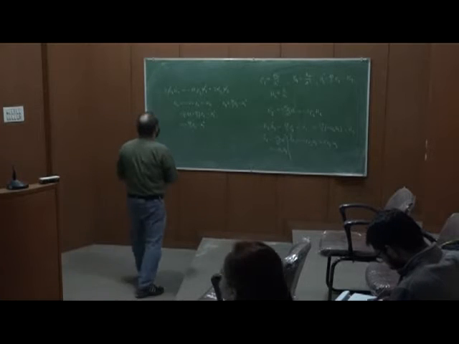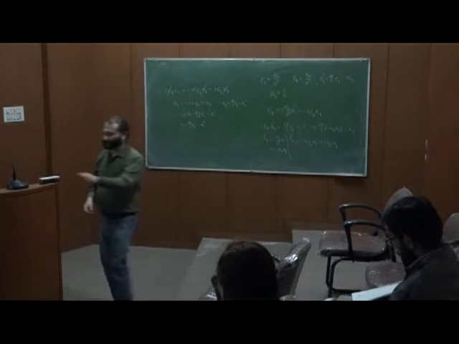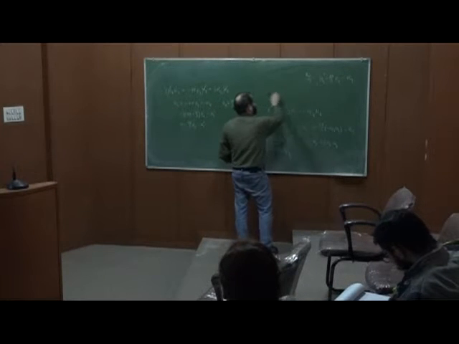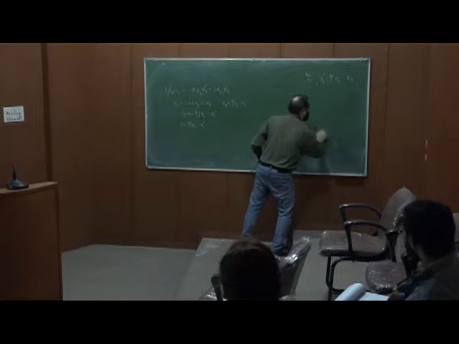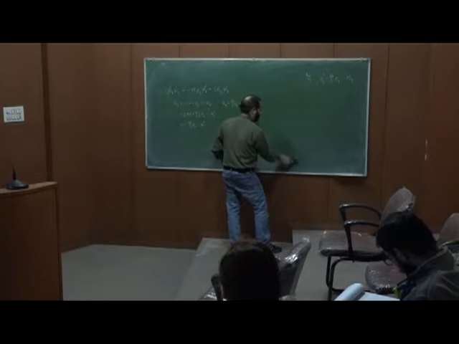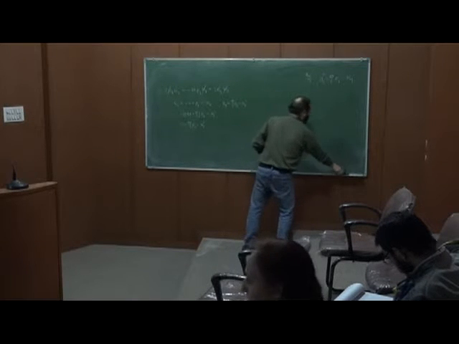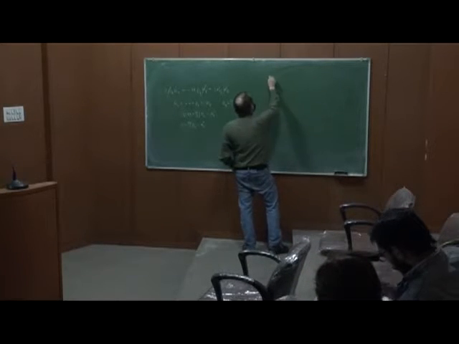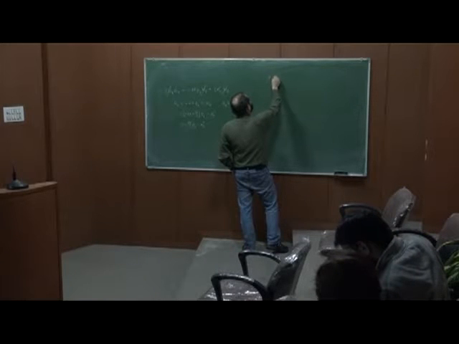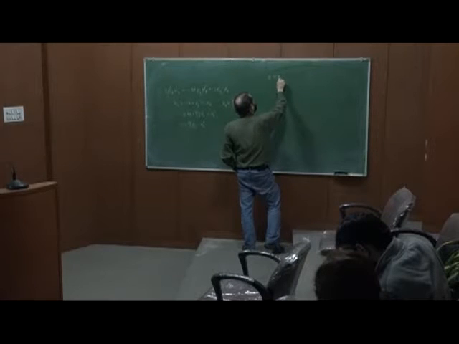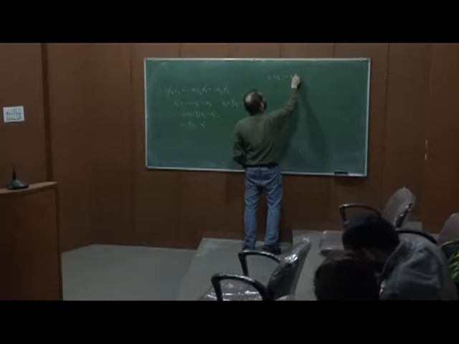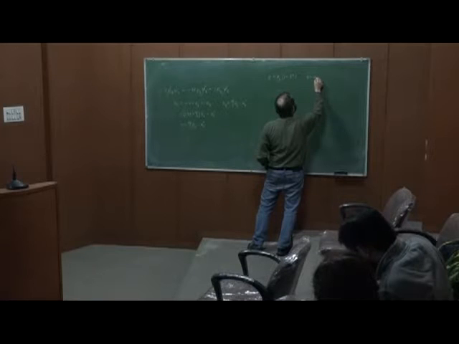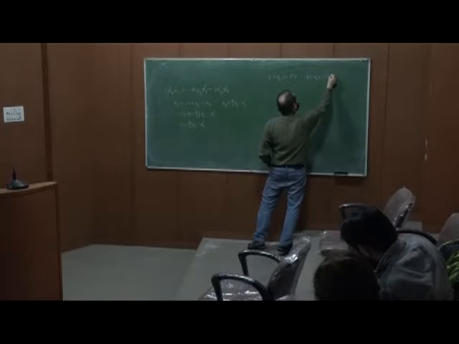As a summary, we have rho equals rho q times 1 plus delta rho, and we also have h equals hq times 1 plus delta h.